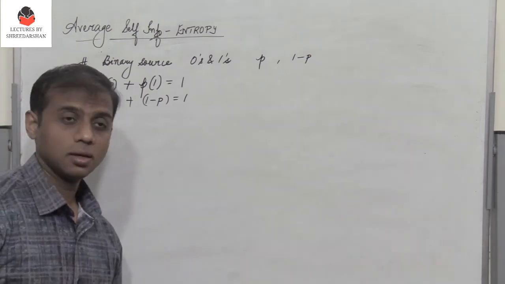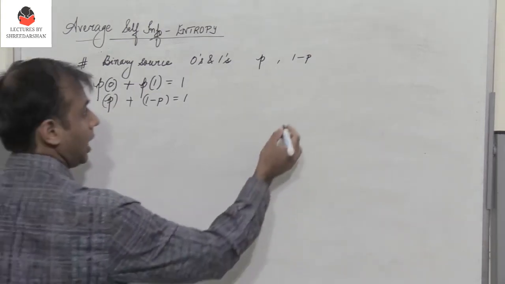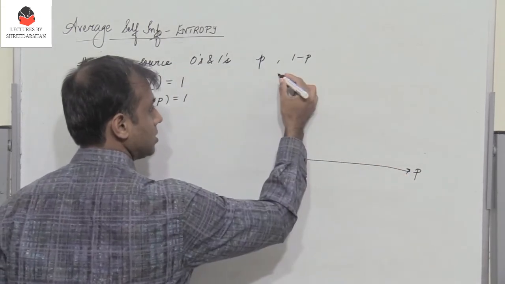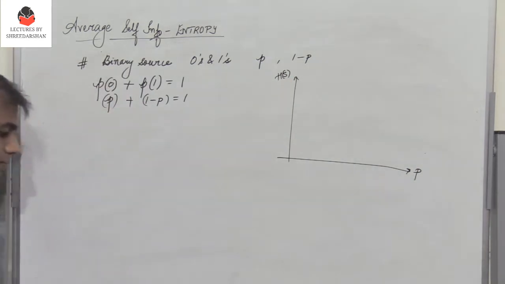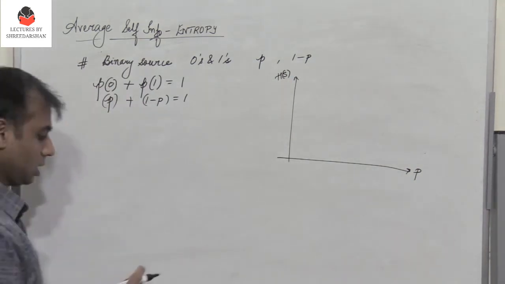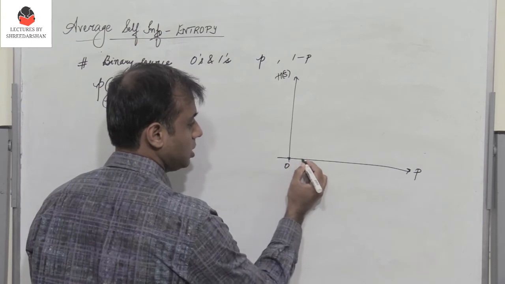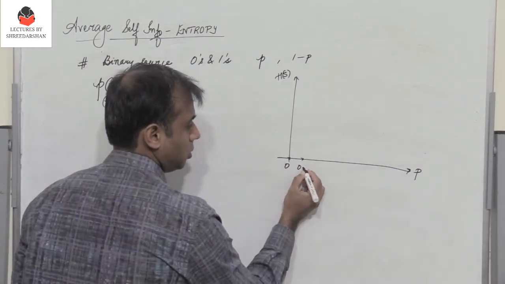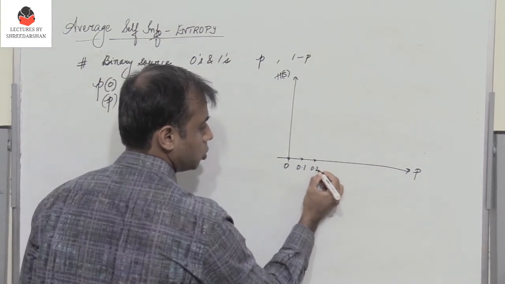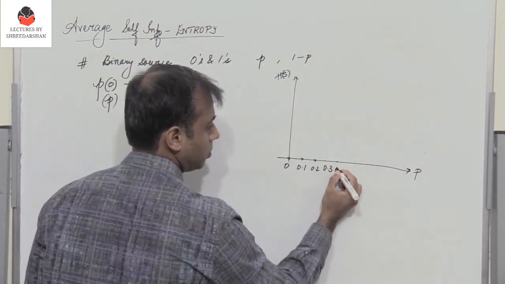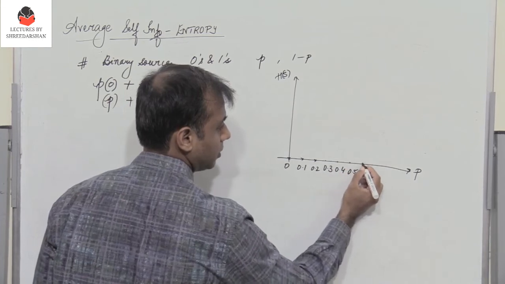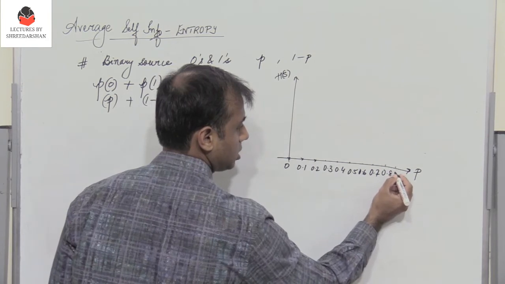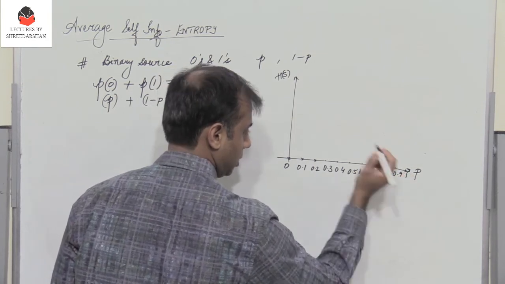So now what do I get? I have along the x-axis probability, and along the y-axis I would have entropy H of S. Remember that the probability always varies between 0 and 1. So let's take examples 0, 0.1, 0.2, 0.3, 0.4, 0.5, 0.6, 0.7, 0.8, 0.9 and 1.